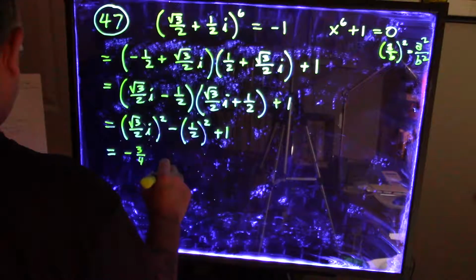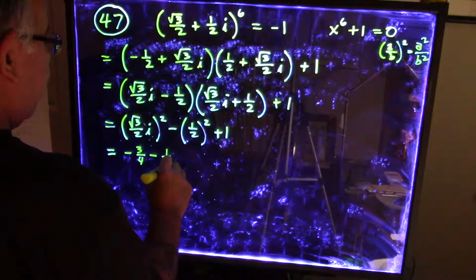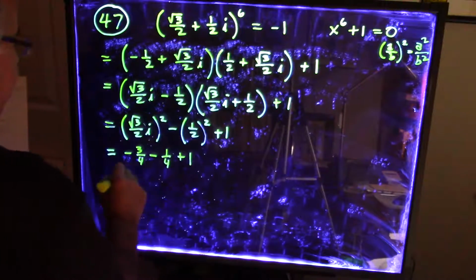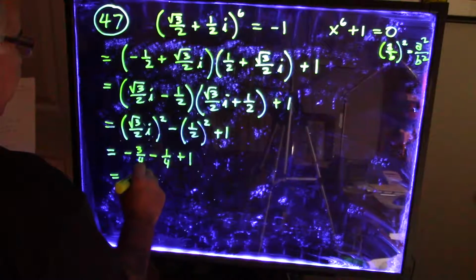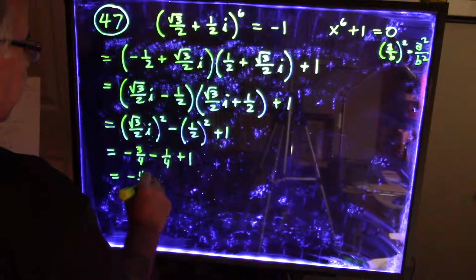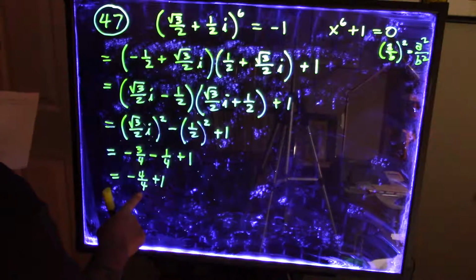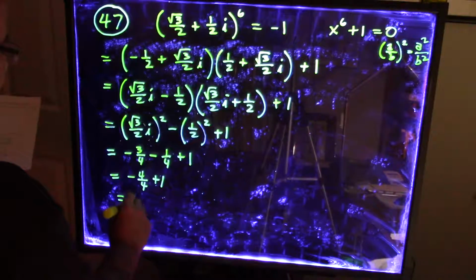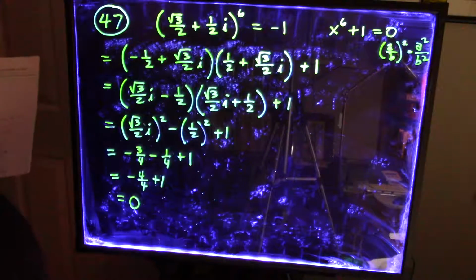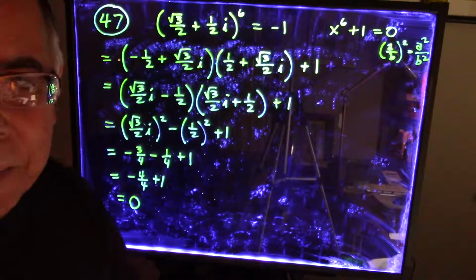And then you've got minus 1/2 squared is 1/4, plus 1. -3/4 minus 1/4 is -4/4, plus 1. -4/4 is equal to -1, of course, so that's -1 plus 1, which equals 0. And lo and behold, it is a solution. We did it by hand too. How about that?